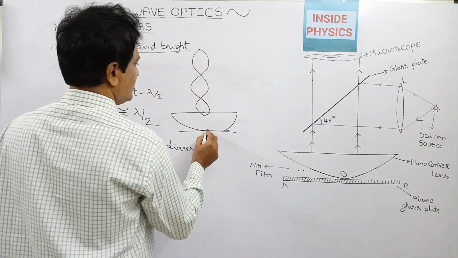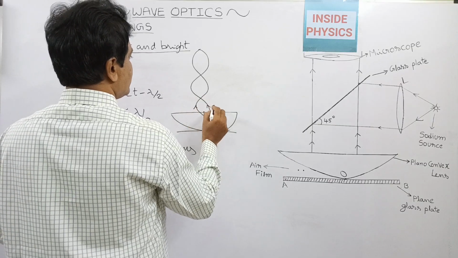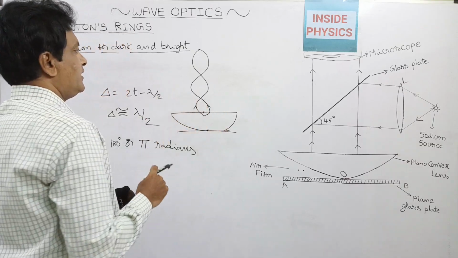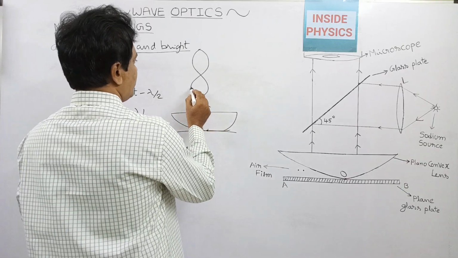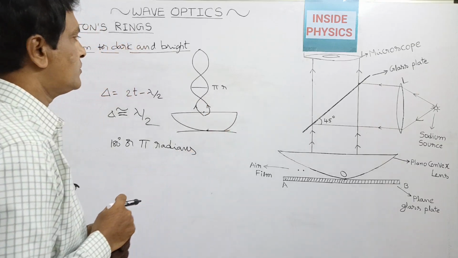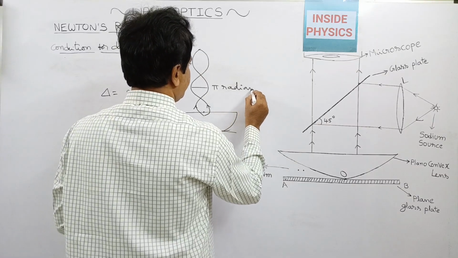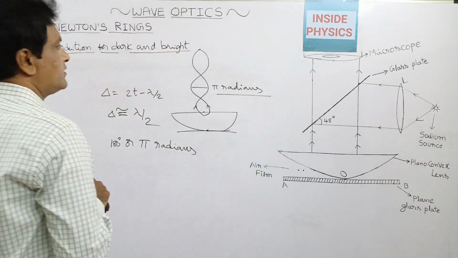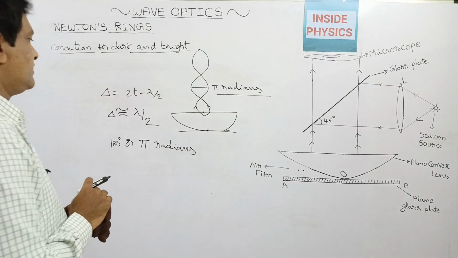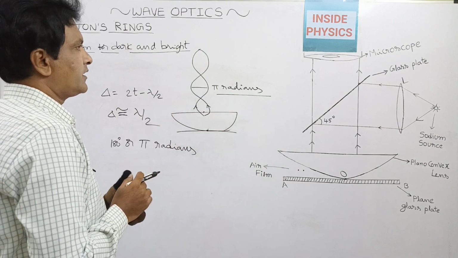If you observe these two reflected rays, they are moving in the same direction, but they have a phase difference of pi radians. That means they have a crest to trough correspondence. So once the phase difference is like this, they will form destructive interference.